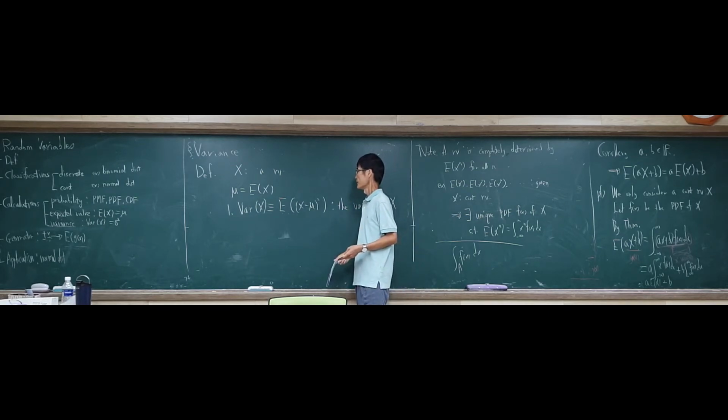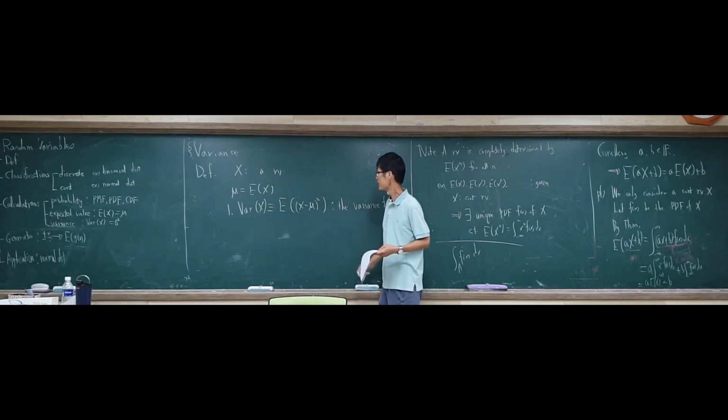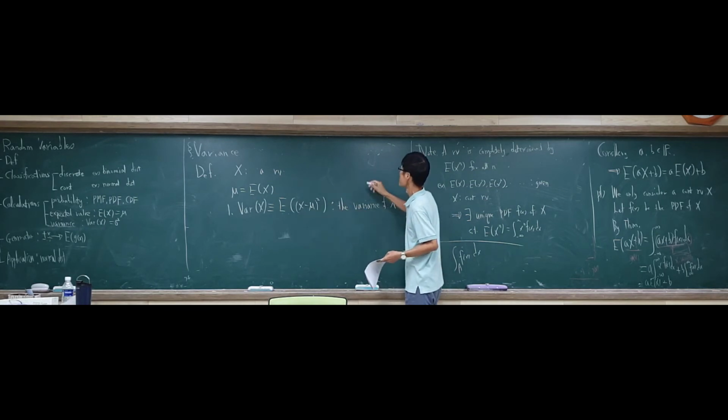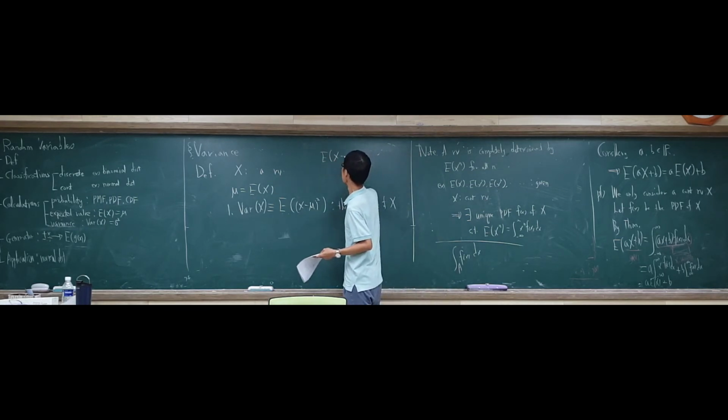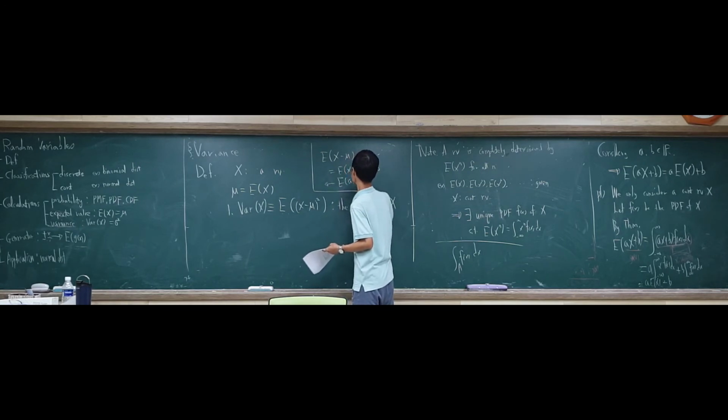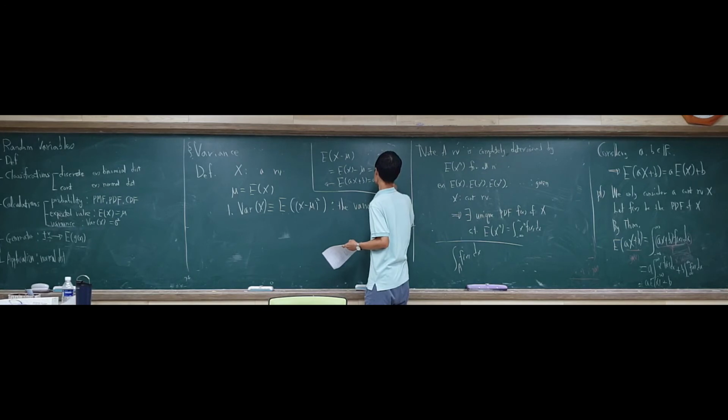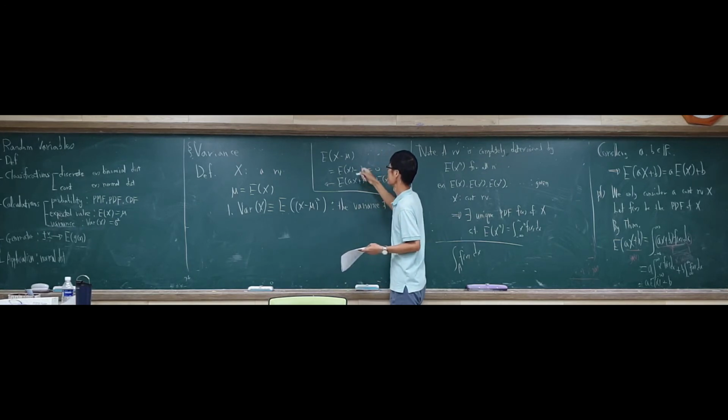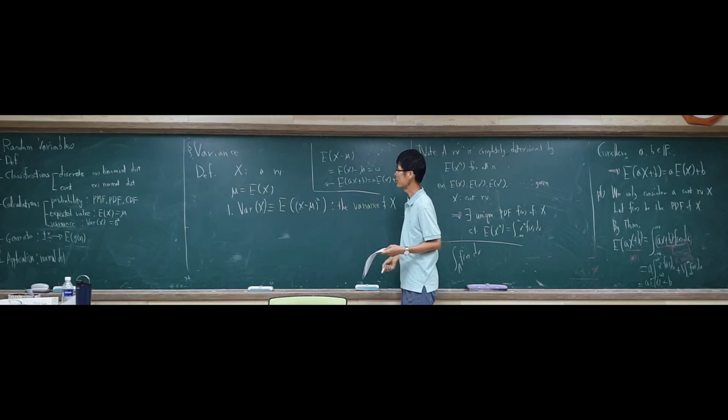So you may think, why do we need (X minus mu) squared? Notice that the expected value of X minus mu is equal to E[X] minus mu, and this becomes 0, since E[aX plus b] is equal to aE[X] plus b. From this formula, you can see that this is equal to 0, so it does not carry information.